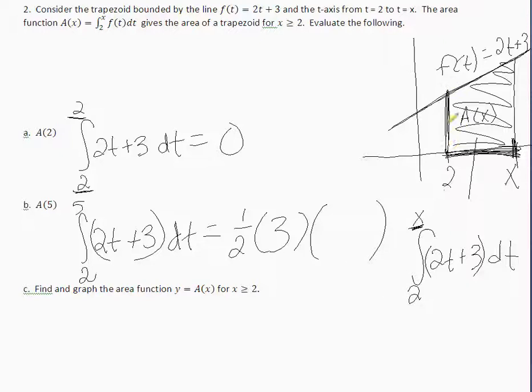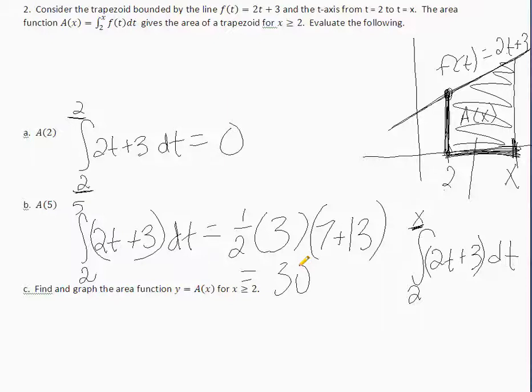The first base is this y value: if I plug 2 into the function, 2 times 2 is 4, plus 3 is 7. If I plug 5 in, I get the next height: 2 times 5 is 10, plus 3 is 13. If you do that out, we get 30. So the area from 2 to 5 is 30, just by using the area of a trapezoid.